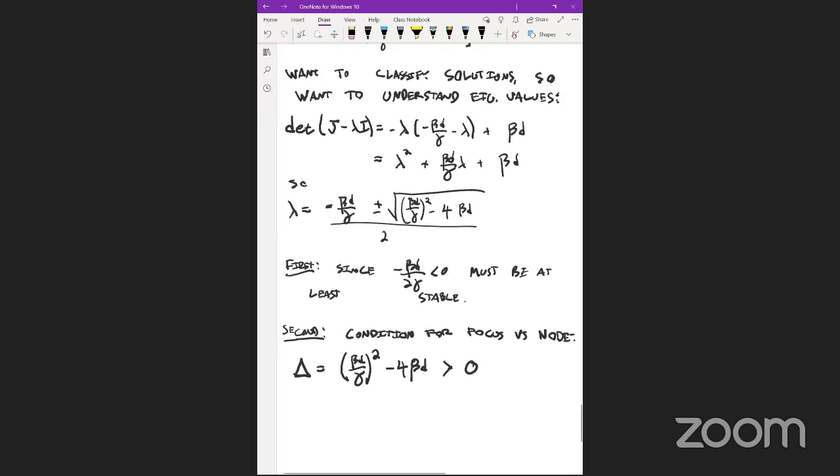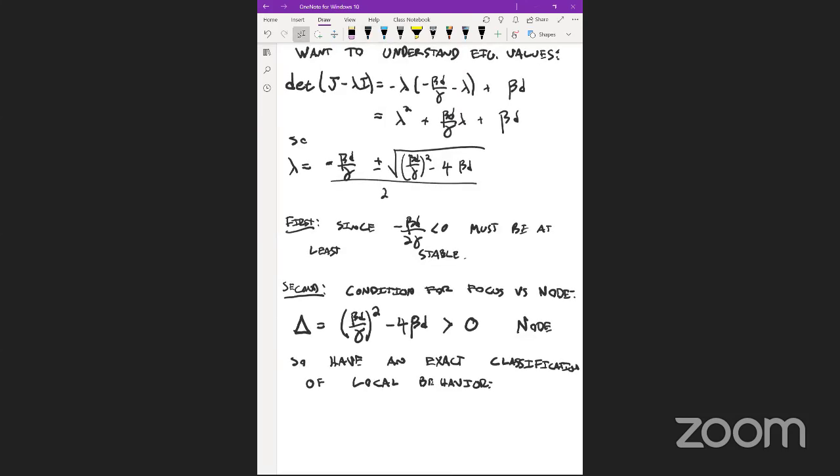So this gives us a nice criterion. In this case, we're going to have a node. So we have an exact classification of the local behavior.